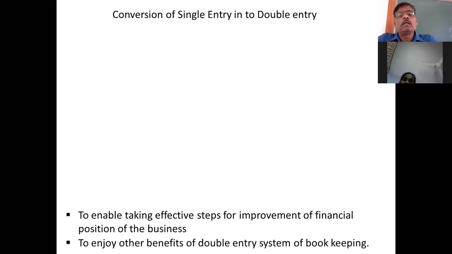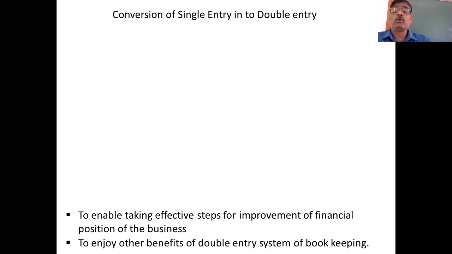What is pure single entry system? In the pure single entry system, a trader maintains only one book for the purpose of recording the transactions related with trade debtors and trade creditors. Only one book is maintained, that is called pure single entry system. And second is simple single entry system. In the simple single entry system, a trader maintains two books.